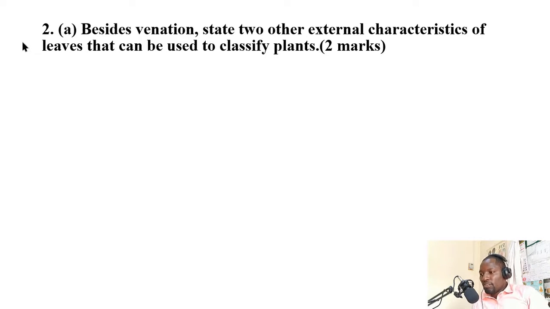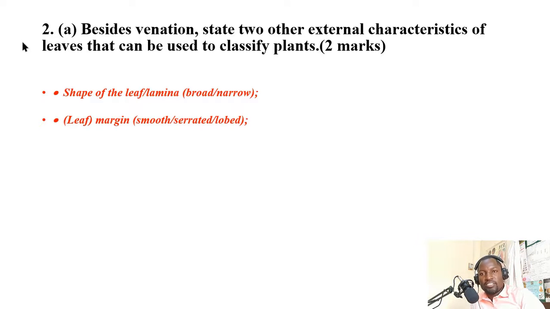Apart from venation, we look at the shape of the leaf, that is, is it broad or narrow? We also look at the leaf margins, that is, serrated, smooth, lobed, etc. And then the leaf type, is it simple or compound?